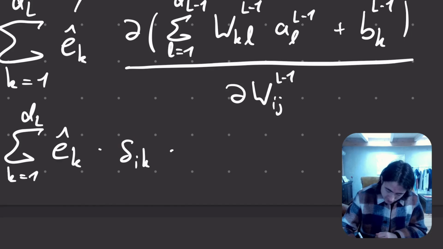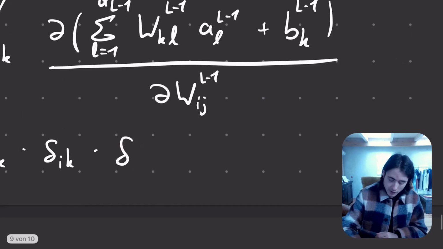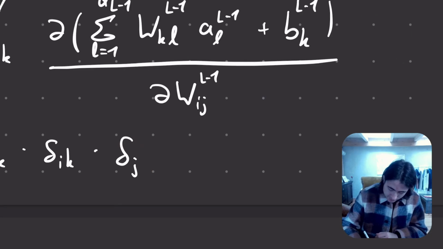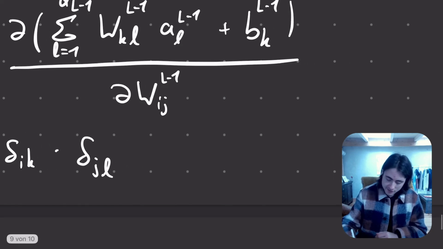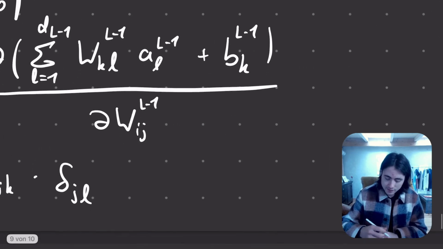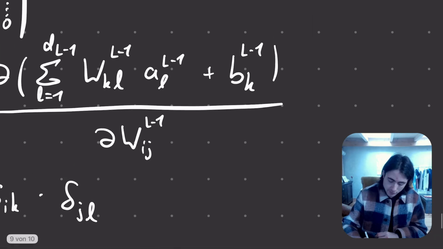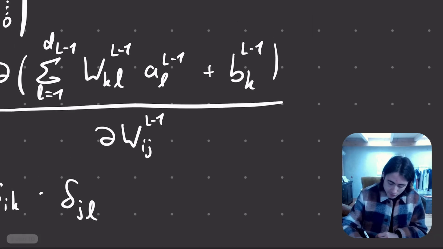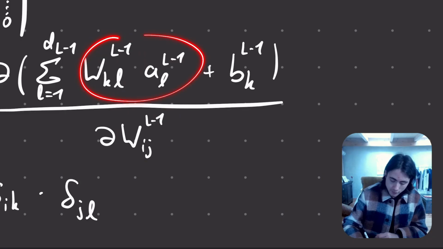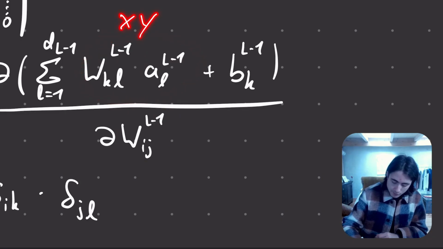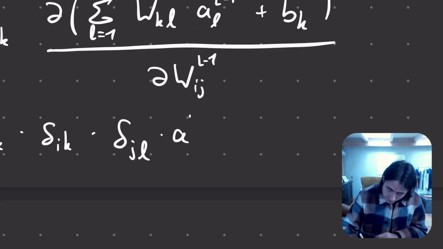And so our two conditions are that i is equal to k, and the second condition is that j is equal to l, which gives us these two deltas. And in case these conditions have been met, the actual derivative we get here is just a L minus 1, because we are differentiating x times y with respect to x, so don't forget the deltas here, and this just returns y. And so we are left with a L minus 1.